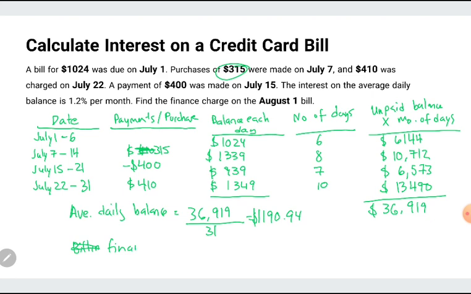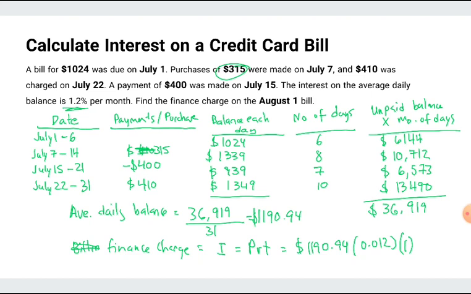So finally, my finance charge on my next due date will be equivalent to I equals PRT. My principal is my ADB, 1,190.94. So the interest per month is 0.012 and times 1 since I'm computing only for the period of July.